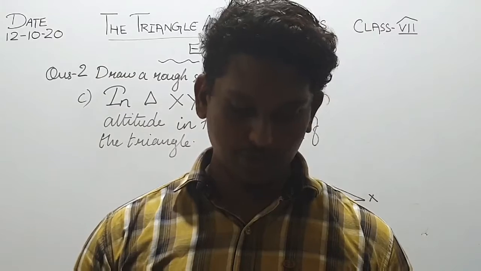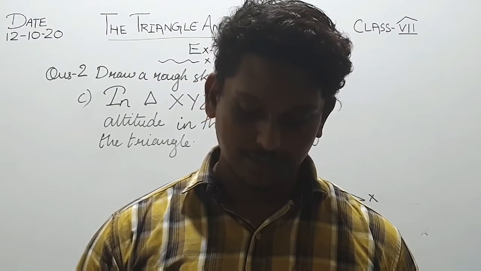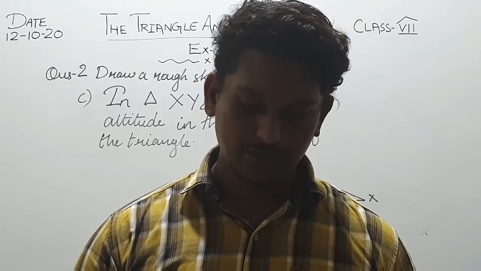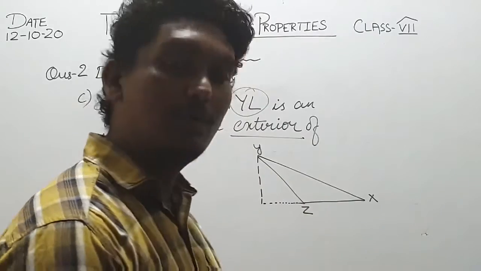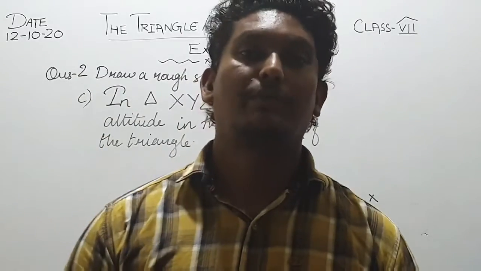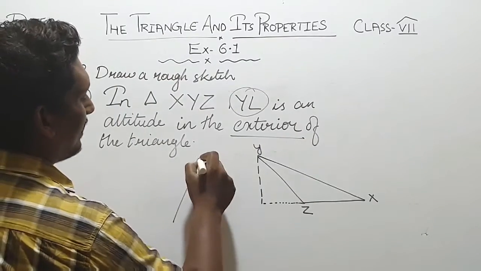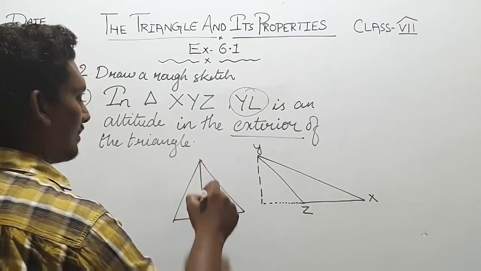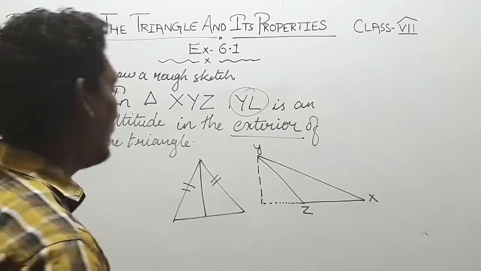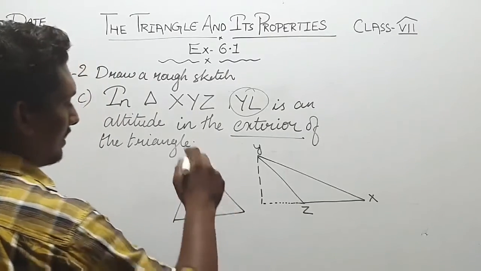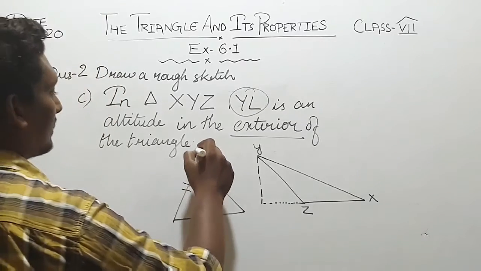Come to the next question, question number 3. Verify by drawing a diagram that a median and altitude of an isosceles triangle can be the same. This question is homework for you. You have to draw an isosceles triangle and show the altitude and median. An isosceles triangle is one in which two sides are equal. The figure will be like this. This is the vertex.